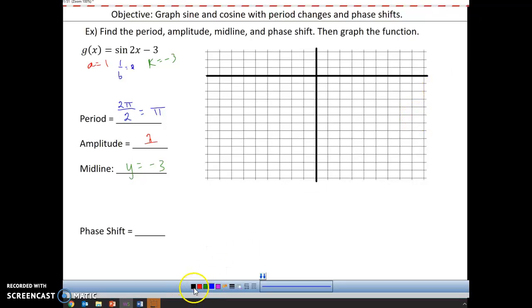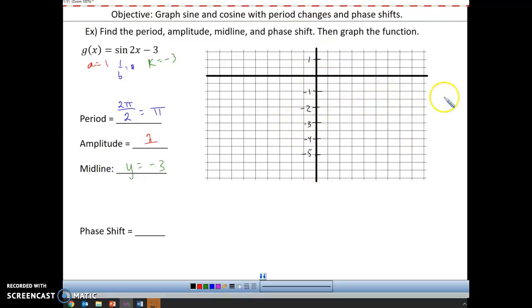Okay, so let's say this is negative 1, negative 2, negative 3, 4, and 5. And I know you guys don't like to label, but it's super important, especially with this, since we are shifting around, to label your units.